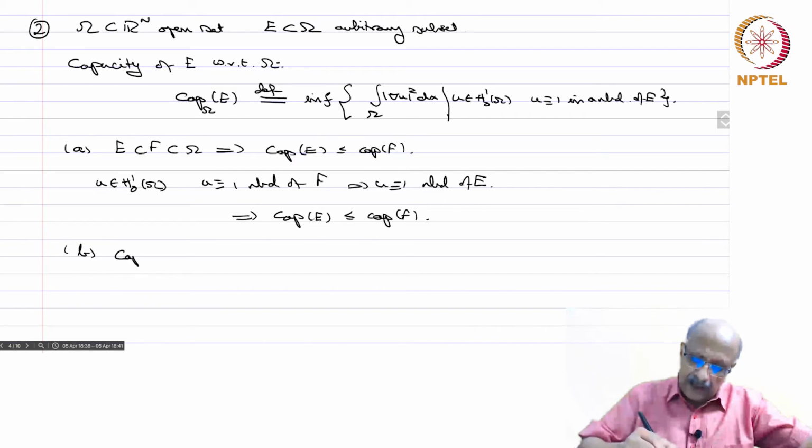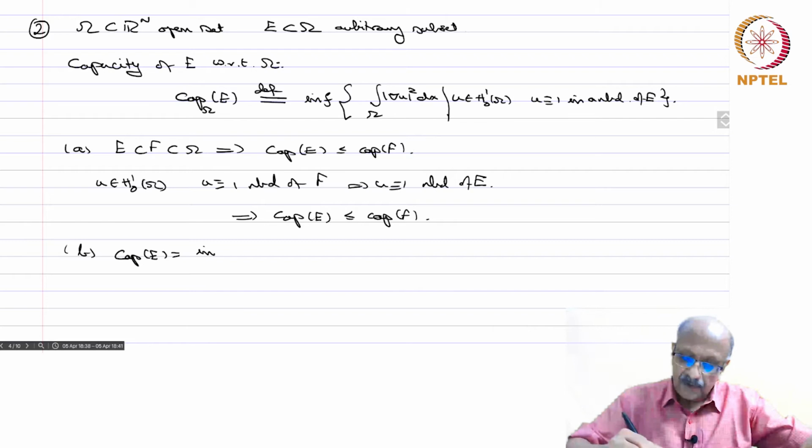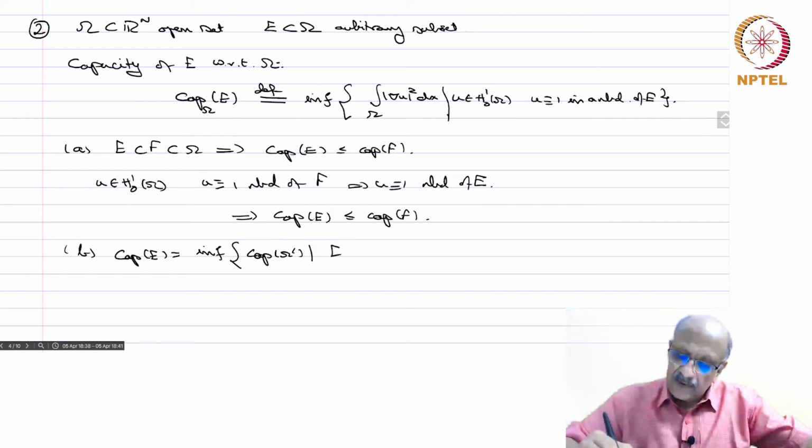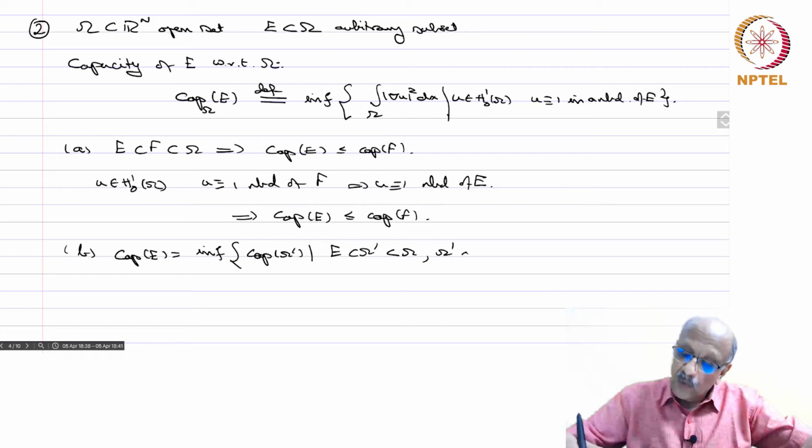Now cap E equals inf of cap omega prime such that E is contained in omega prime contained in omega, omega prime open.